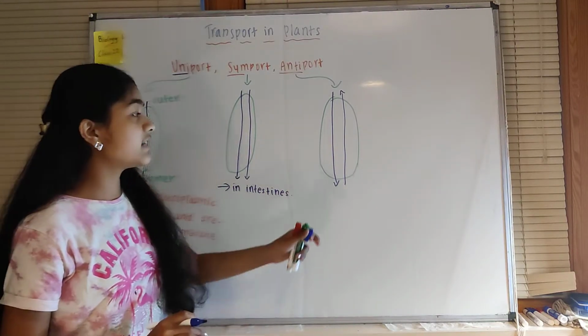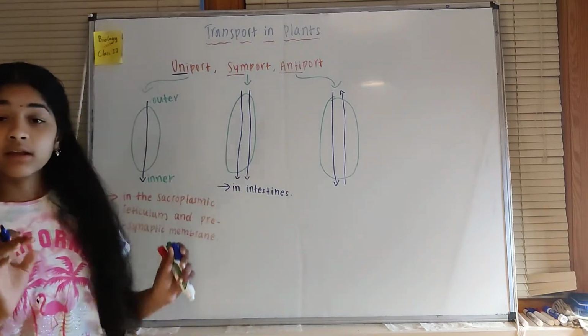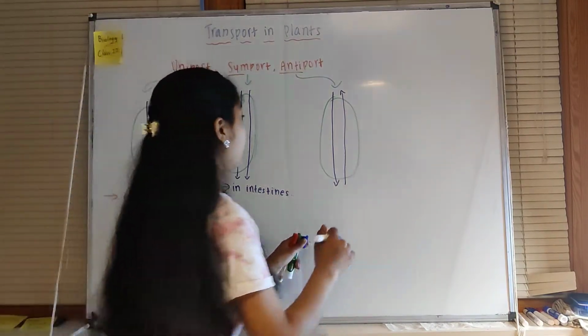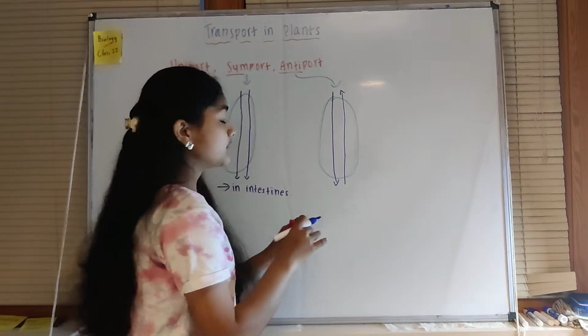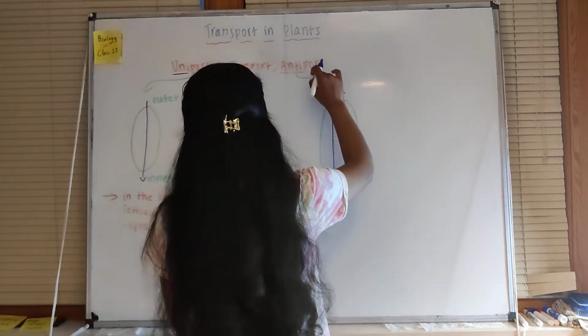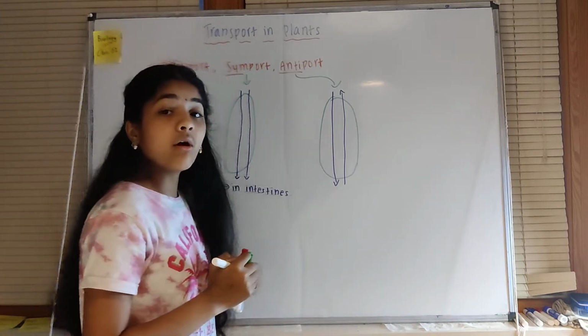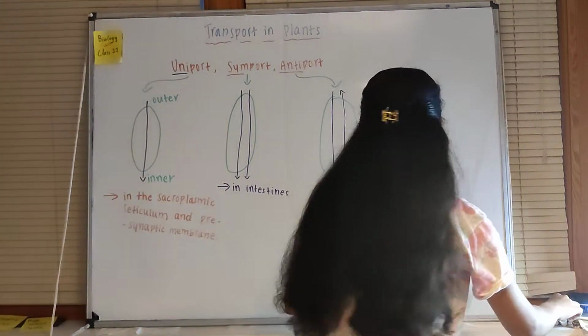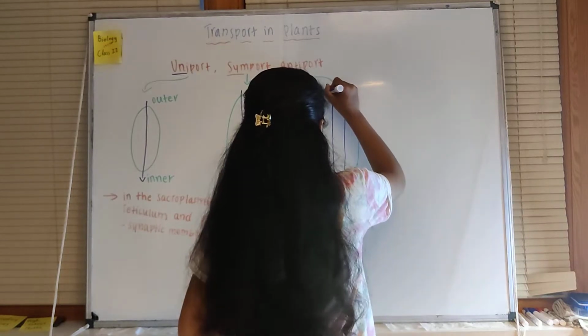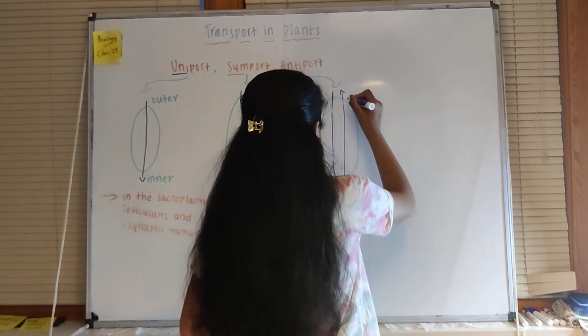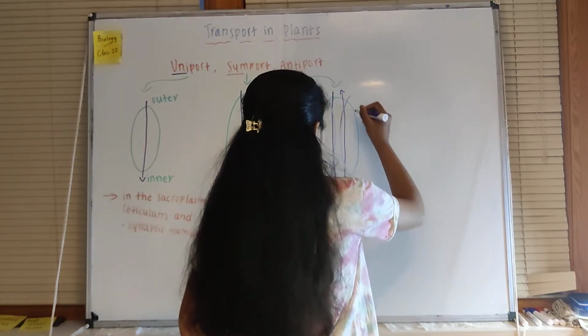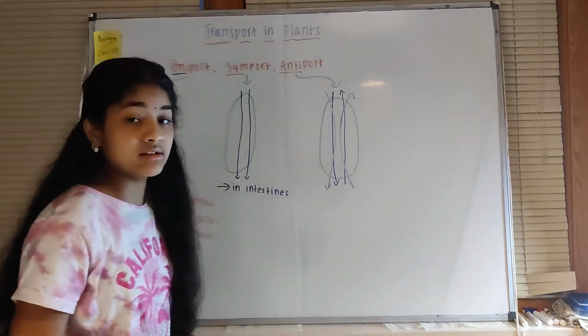This is what we call antiport. Here there will be two particles which move, one from outer to inner and one from inner to outer, in opposite directions. So there will be an exchange of sodium and potassium ions.